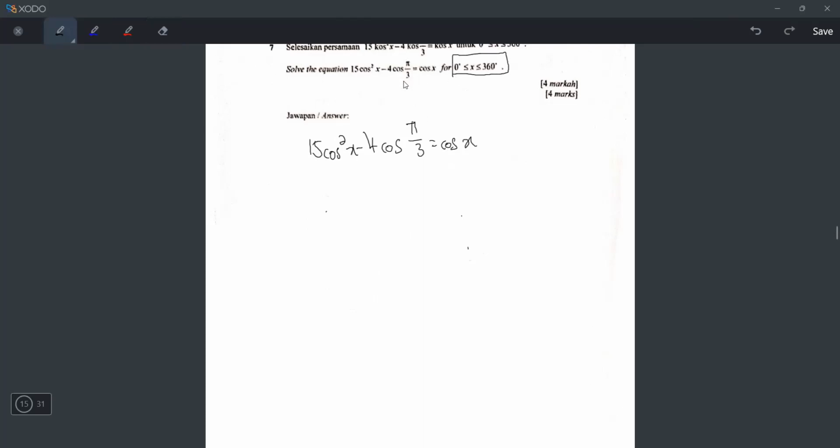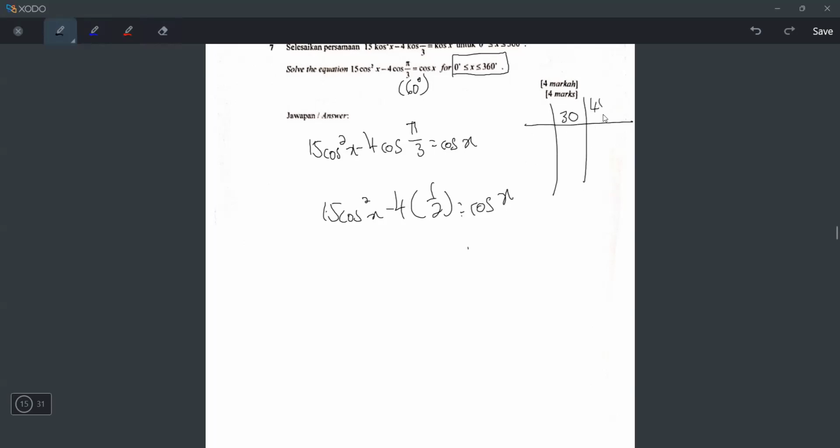Okay, pi over 3 is 60 degrees. If you know that, you know. And cos 60 degrees is actually 1 over 2. So for cos pi over 3, you can erase the whole thing and write 1 over 2 already. How do I know cos 60 is 1 over 2? Because I memorized the table already.